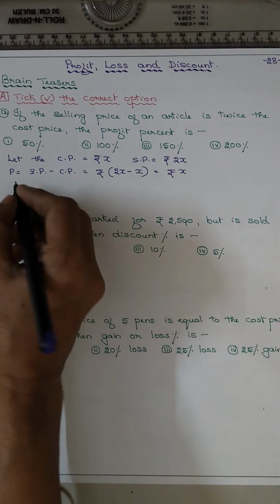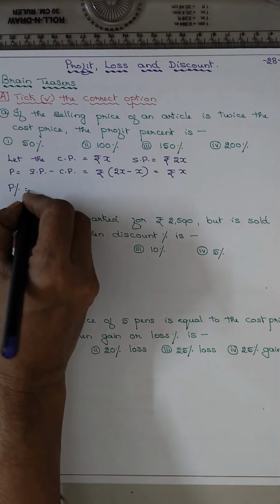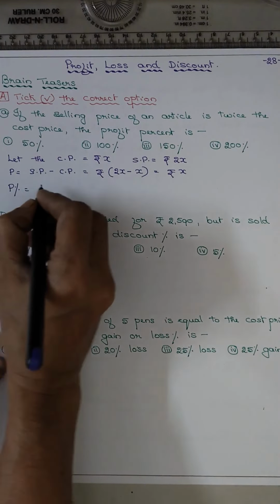Now, profit percent is equal to profit upon CP into 100. Profit is X, CP is X, into 100. So X gets cancelled, and it will be 100%. So the second option is the answer.